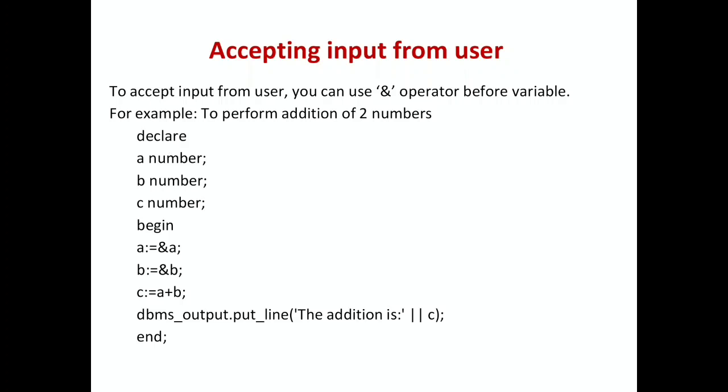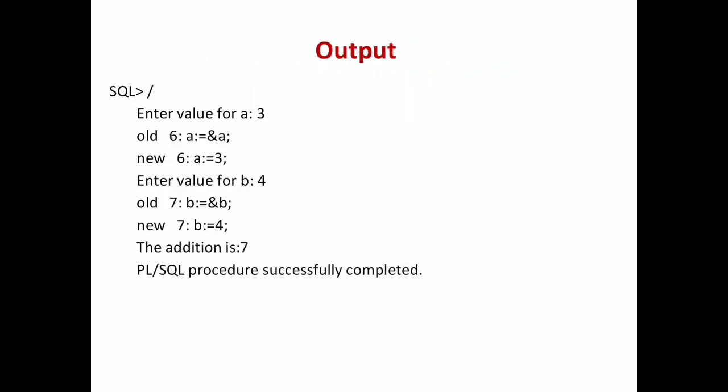Comma. Now there are two vertical lines. These two vertical lines are the concatenation operator in SQL. And then I have given C. Means the value of C will be appended to the text. And lastly, end.